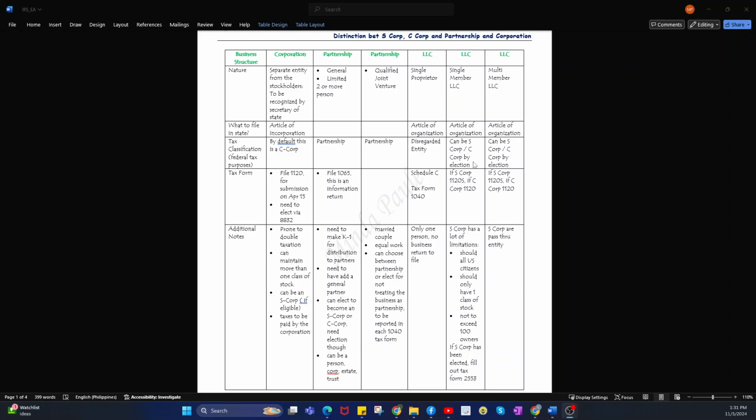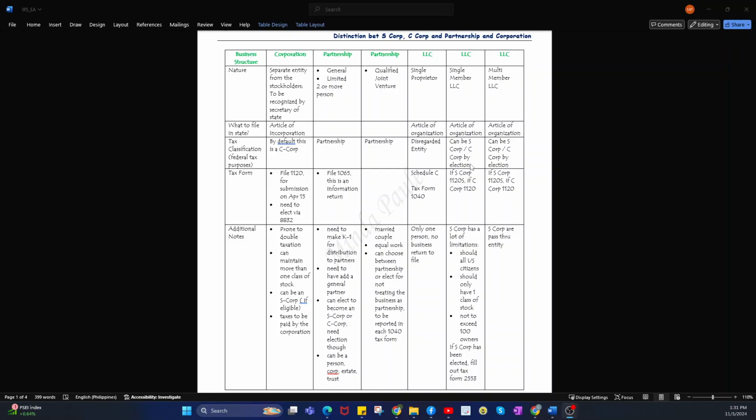In electing either of these two types of tax classification, please do not forget that if you opt to choose S Corp, then you have to file Form 2553. Or if you would like to consider your LLC as a C Corp, then you have to file Form 8832.